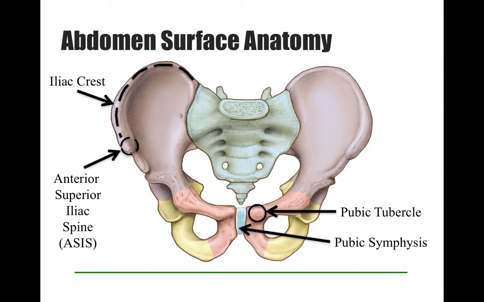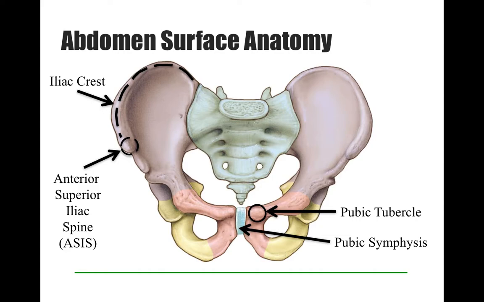So when we look at the landmarks associated with the ilium, the iliac crest can definitely be palpated on the sides. You can also palpate the ASIS. On the pubis bone, you can palpate the pubic tubercle as well as the pubic symphysis.